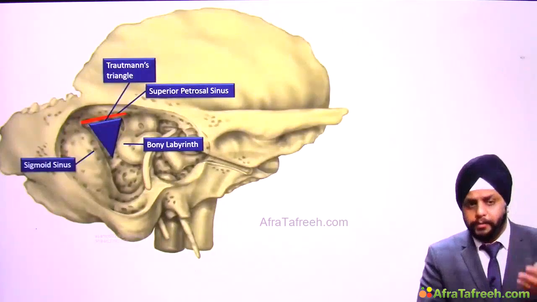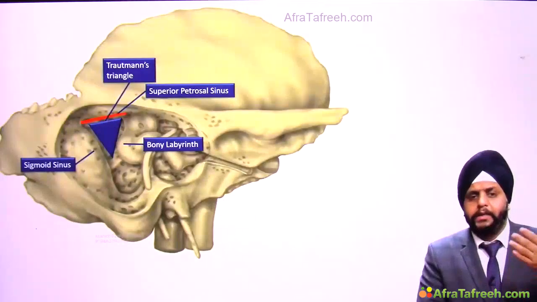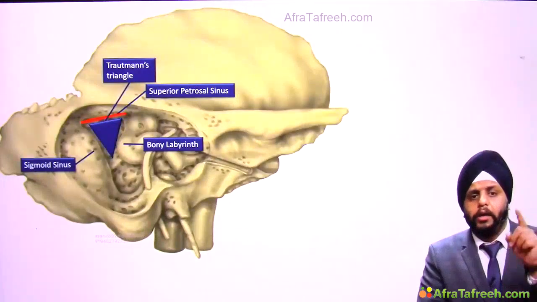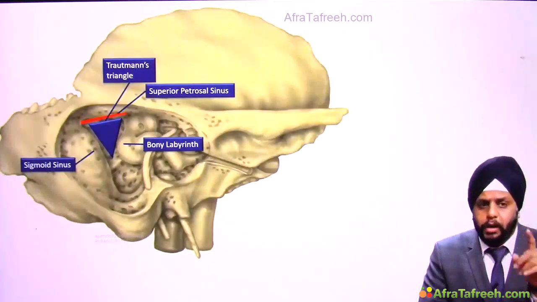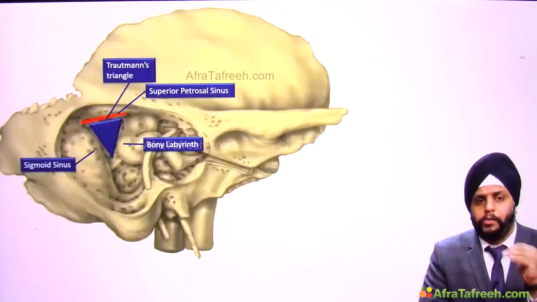It is on the intracranial side. If I remove the bone, I will see the superior petrosal sinus over here. So this forms the superior boundary of Trotman's triangle. So Trotman's triangle: posterior boundary is sigmoid sinus, anterior boundary is bony labyrinth, superior boundary is superior petrosal sinus.